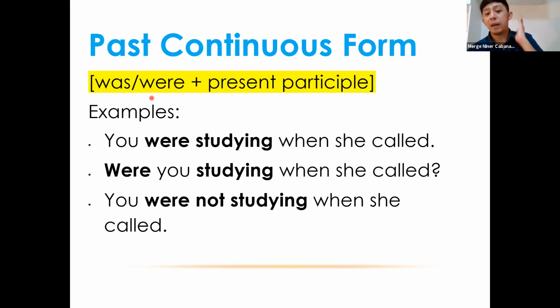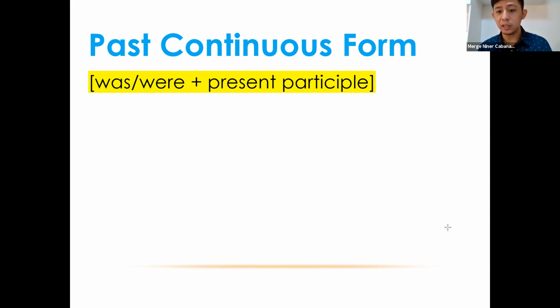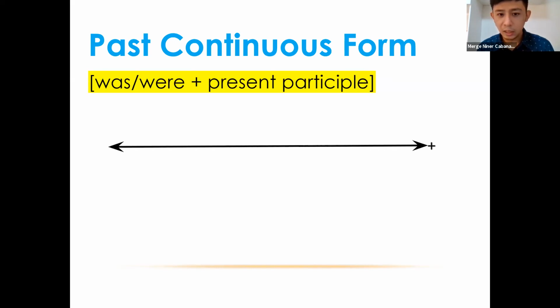So the past continuous form is a very difficult topic to cover, even for me. But I want to draw something here so that everyone can understand what I mean. Okay, so I have here a timeline.